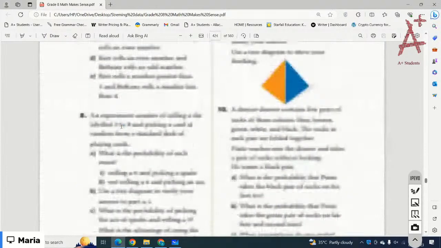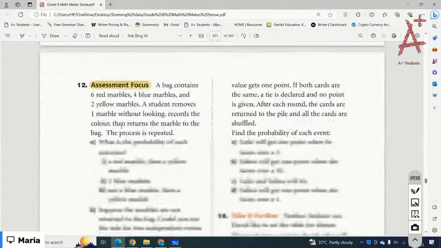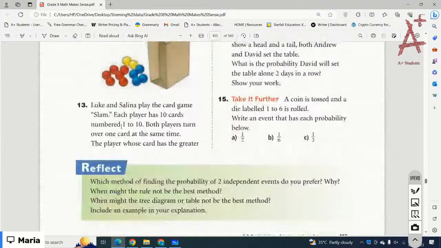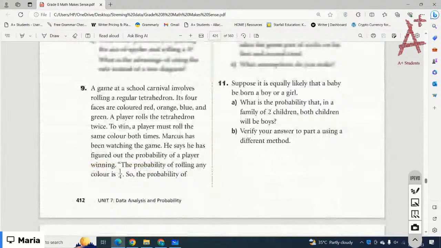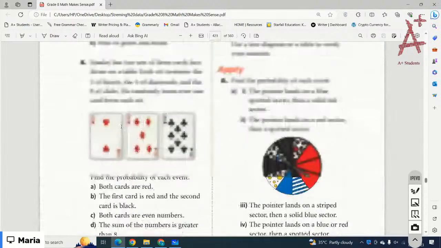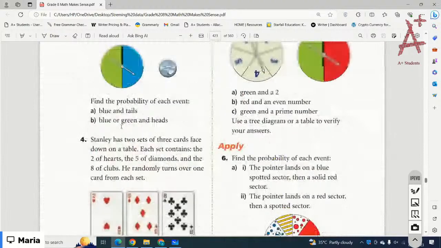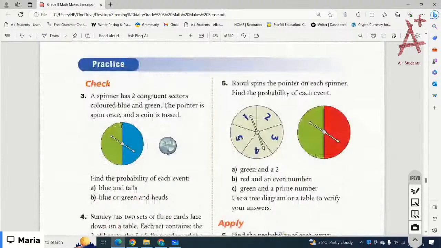Okay, let's just start with the practice questions. Let me see how many questions we have. 15 questions. Okay, so many questions. Let's start with question number 3.